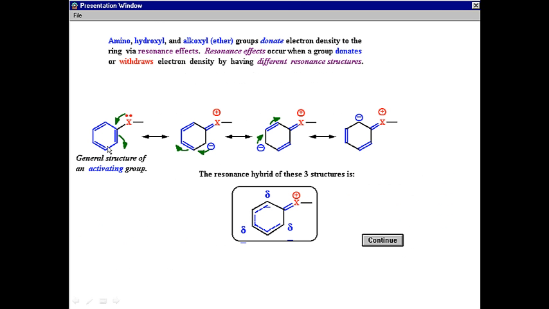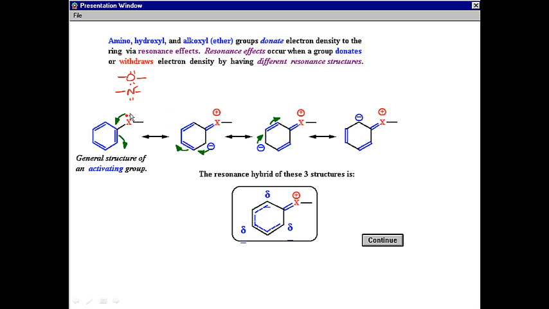So let's say, for instance, that I attach an atom that has a lone pair on it to the ring. This would be, maybe I have an oxygen with 2 lone pairs, maybe I have a nitrogen with 1 lone pair. Well, if I have that atom that has the lone pairs, here's a series of resonance structures that I can draw.